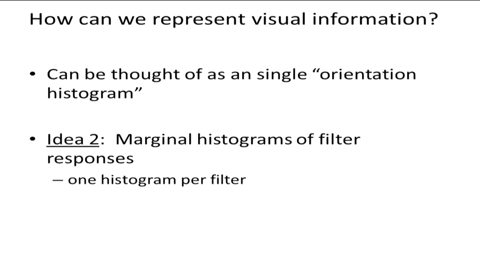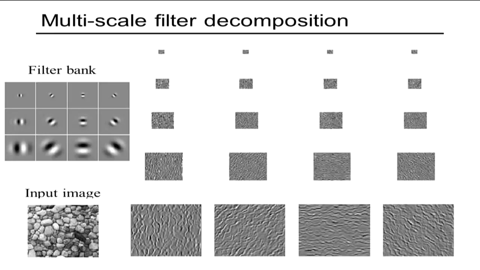Then our idea 2 was to say, instead of computing just one number per filter, like the mean, what if we use some higher order statistics? You can say mean plus variance, standard deviation, kurtosis, or you can just get a histogram of values. So for every oriented filter, I can compute a histogram.